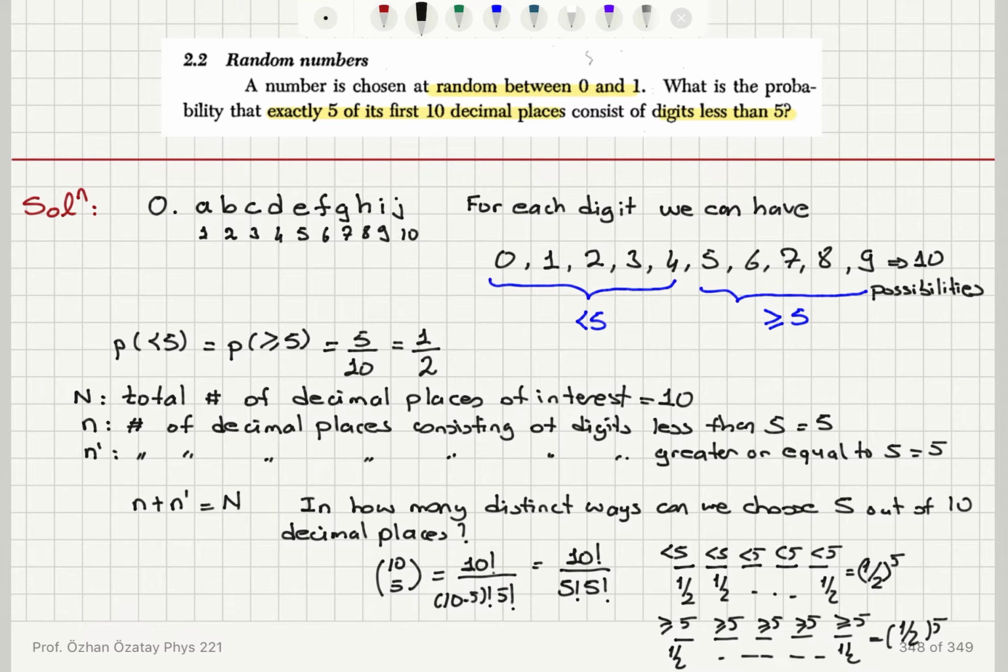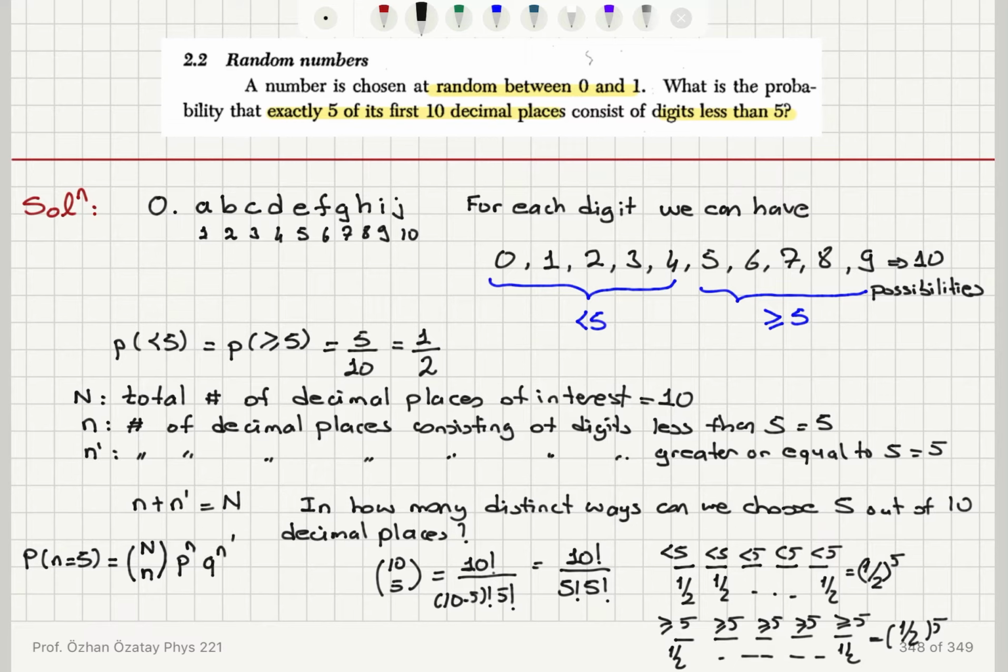So basically the probability of exactly 5 decimal places consisting of digits less than 5 is given by the binomial distribution: the number of distinct ways I can choose n out of capital N decimal places, p to the n, q to the n prime.